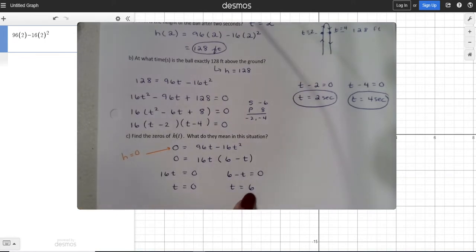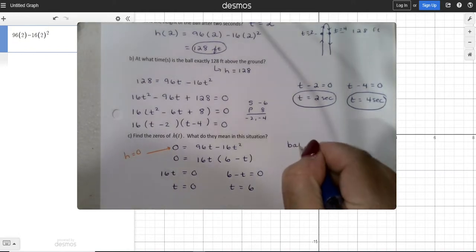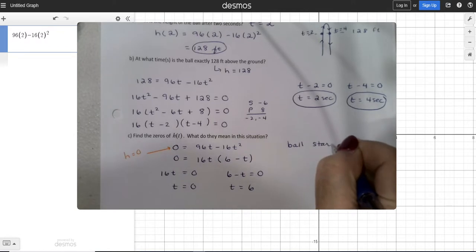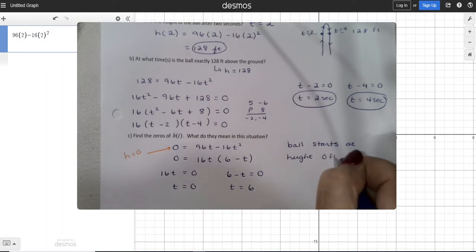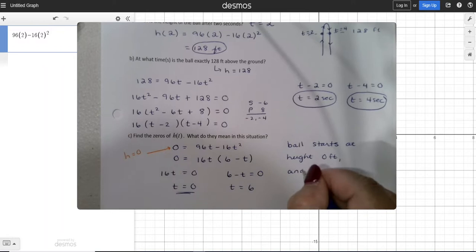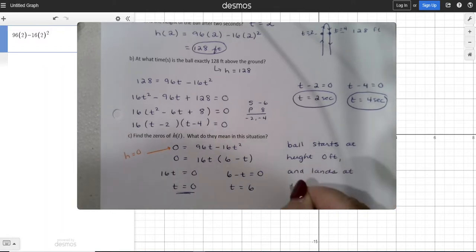And this must mean that it lands back on the ground again after 6 seconds. So the ball starts at height 0 feet. That's the t equals 0. And then lands at 6 seconds back on the ground.